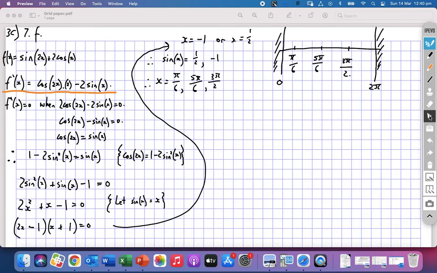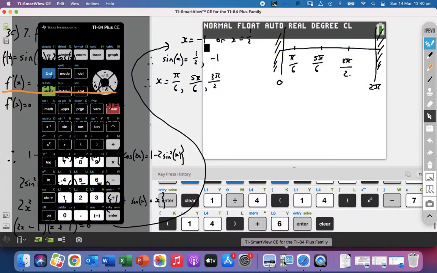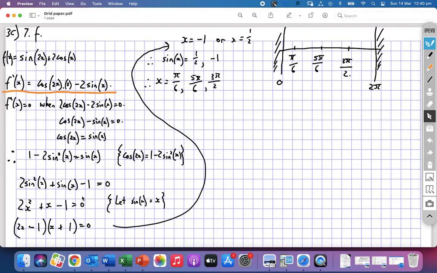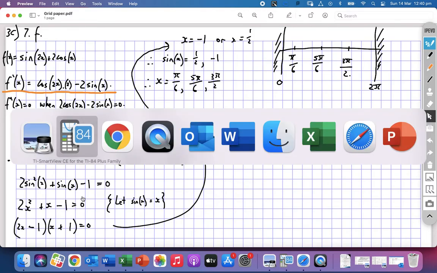Calculator time. I'll show you what I'm talking about. First, I need to remember the equation. It'll be 2 cos 2x minus 2 sine x.